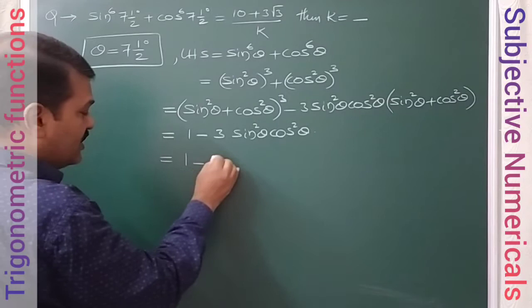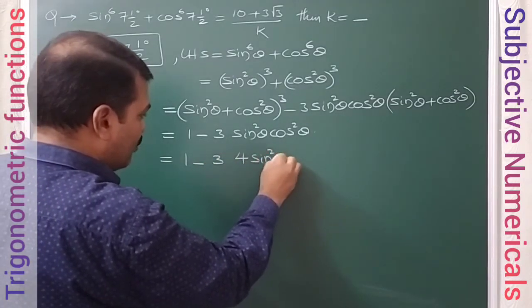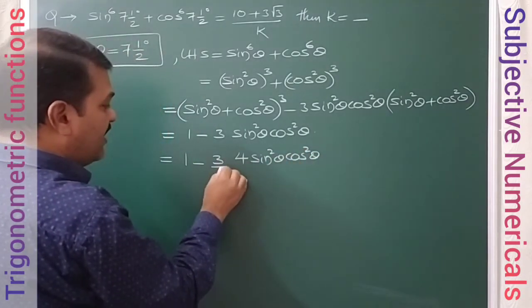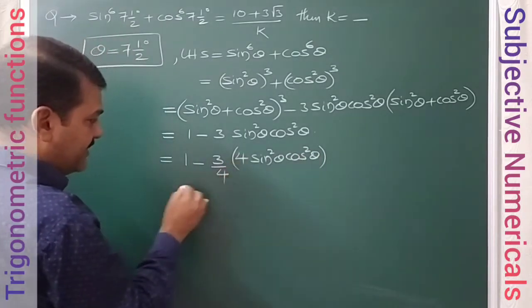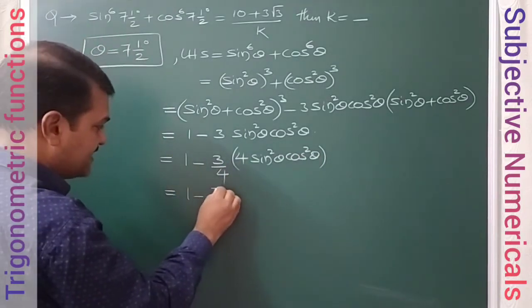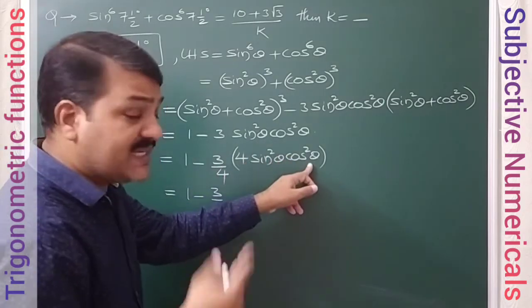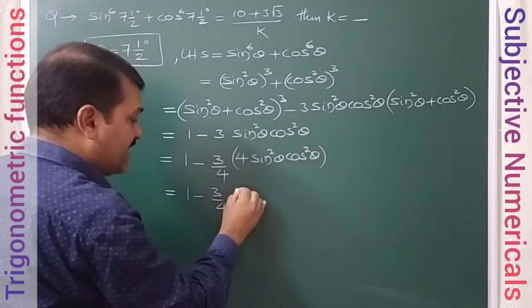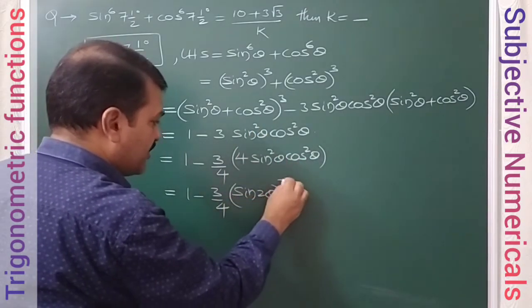So let us divide and multiply by 4 to get the standard sine 2 theta formula. So 1 minus 3 by 4, 2 sine theta cos theta whole square, that means sine 2 theta whole square.